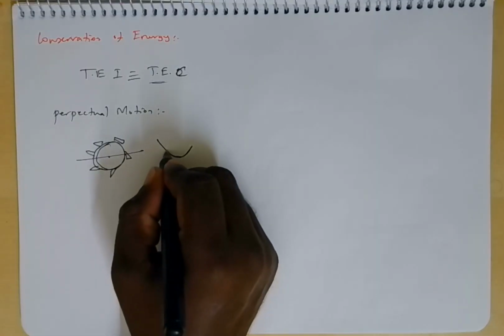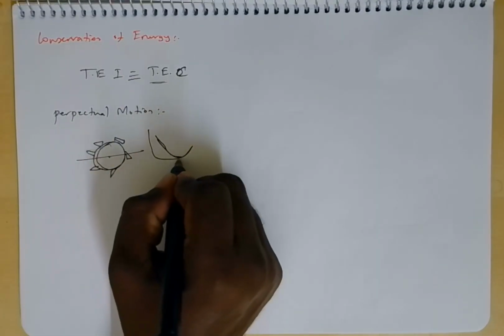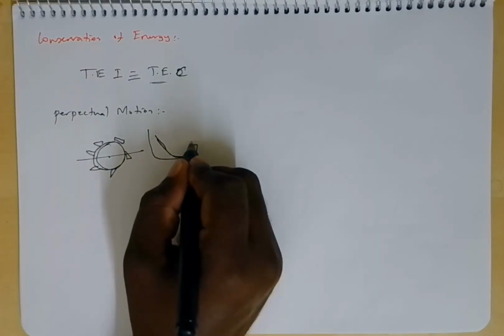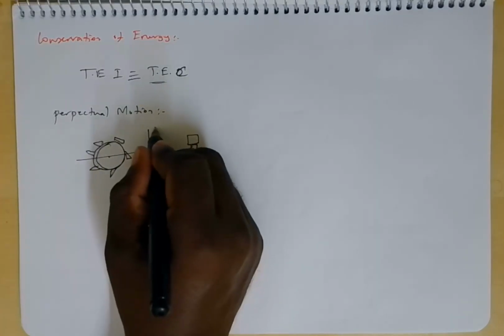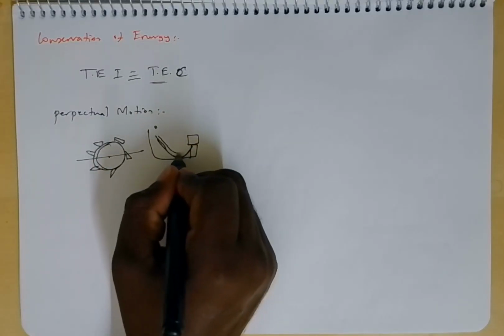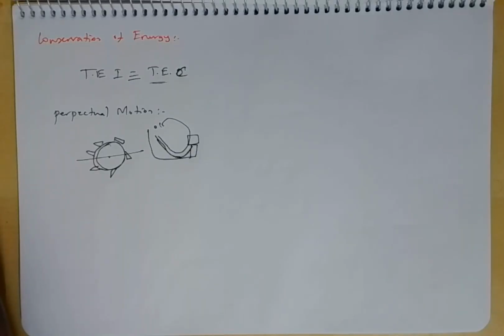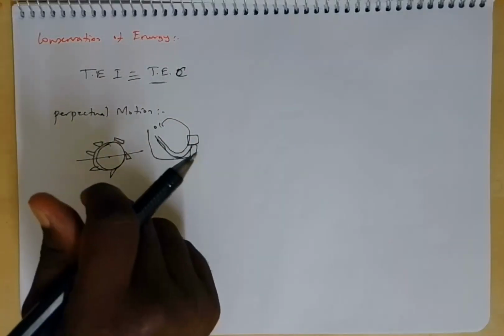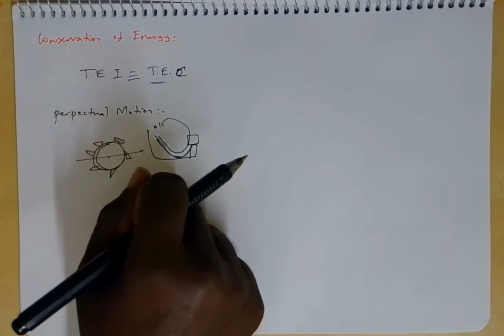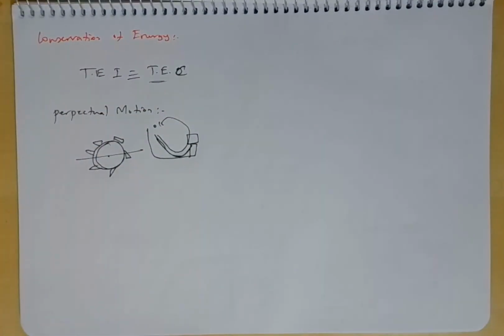Or if you have a U shape with a bowl here, and you drop, let's say, a marble here, it will roll around and then jump back. So it should keep on going. That's what perpetual motion is, but it is impossible because you will always lose some energy in friction, and the second law of thermodynamics forbids it.